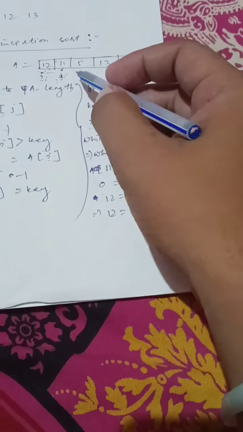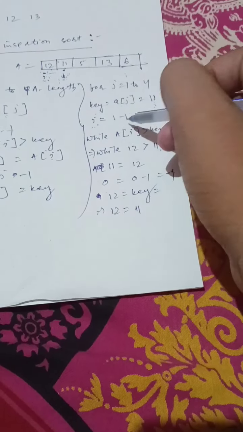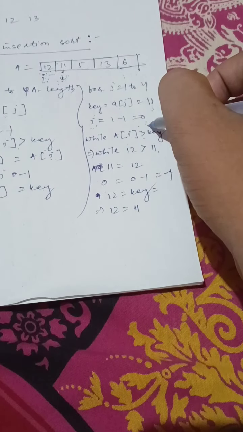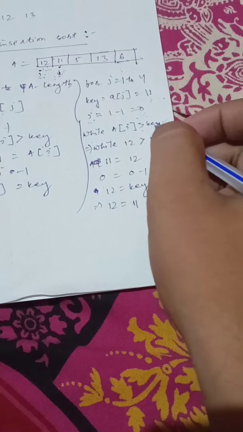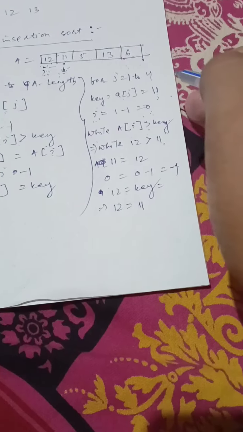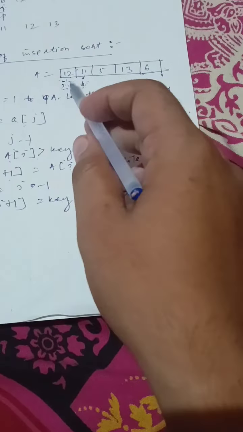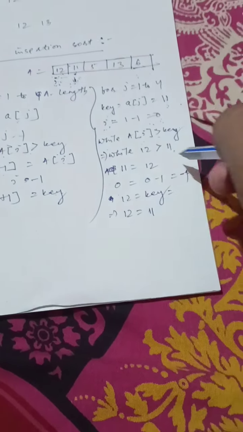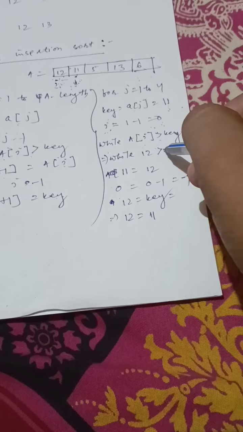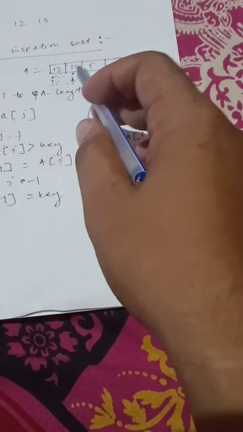The index of j is 1, so i equals 1 minus 1 equals 0. So i is 0, and we have taken a while loop: while a of i is greater than key. a of 0 equals 12, which is greater than key's value 11.